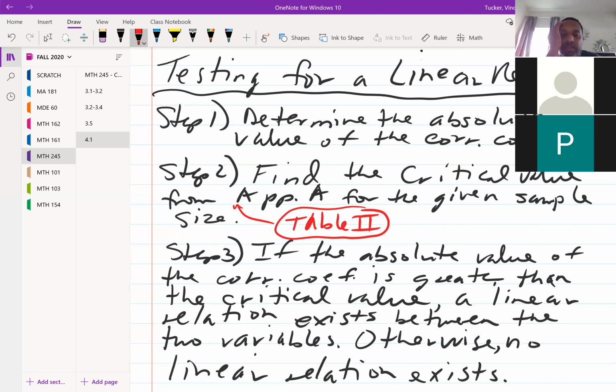If the absolute value of the correlation coefficient is greater than the critical value, a linear relation exists between the two variables. Otherwise, no linear relation exists. I'll give you a chance to finish writing, and then we'll do an example.